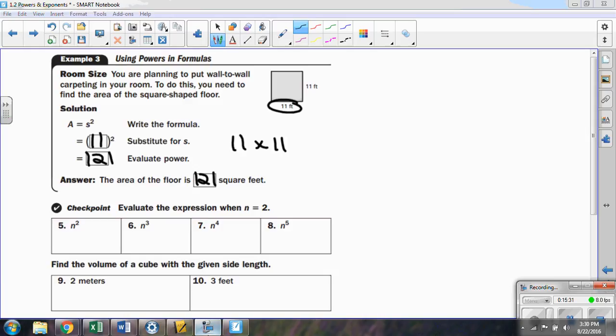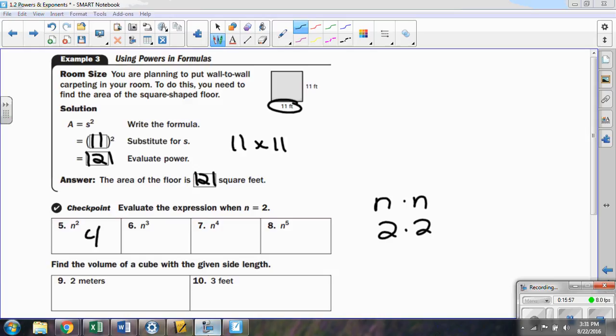Let's continue down to this checkpoint then. Evaluate the expressions for n equals 2. What is n squared for n equals 2? Well, we know n squared is n times n. So when we substitute that, we have 2 times 2, which gives us 4.